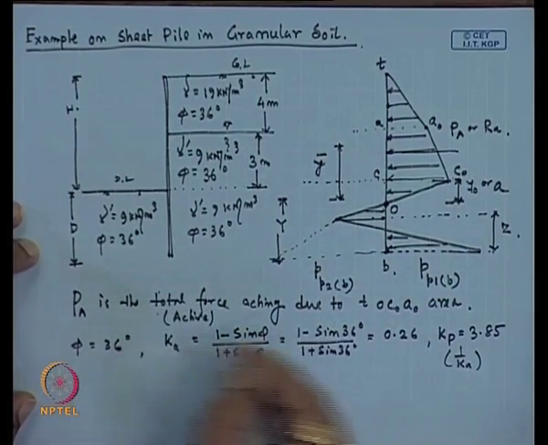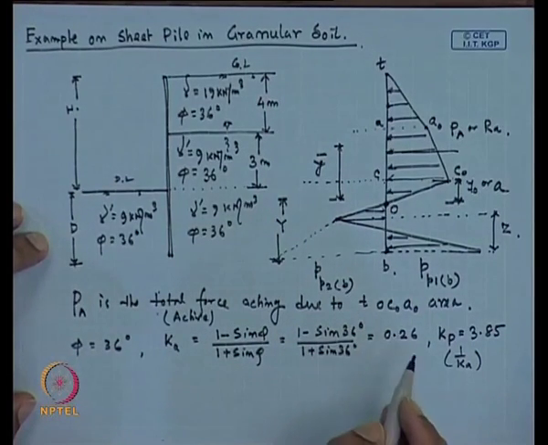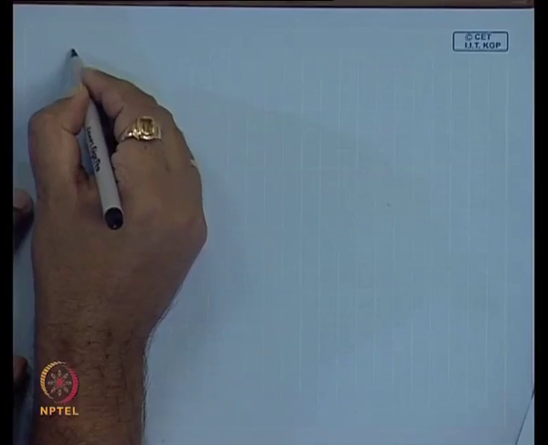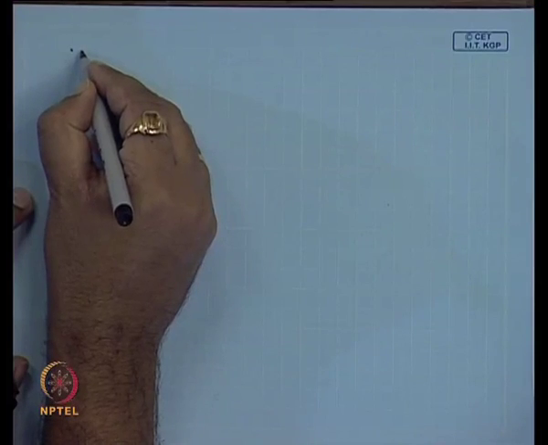Now, we will calculate what are the forces that are acting at different levels. So, that part we will first calculate. Now, if I further draw this diagram to show what forces are acting at different levels, then we can see if I draw this diagram again.